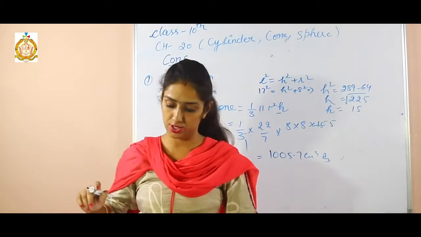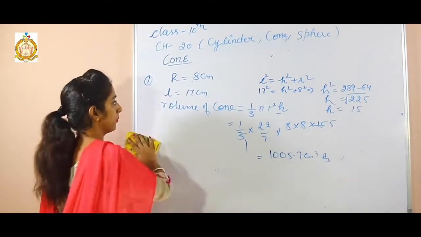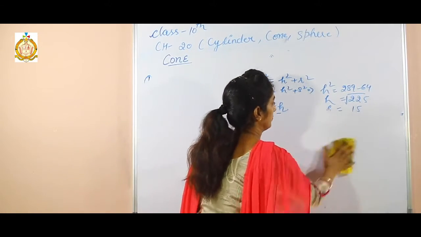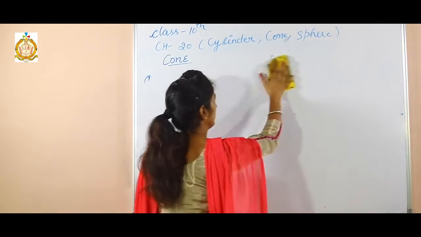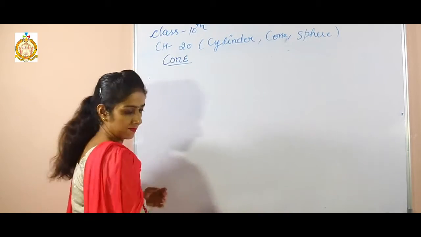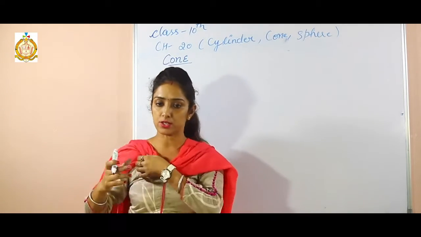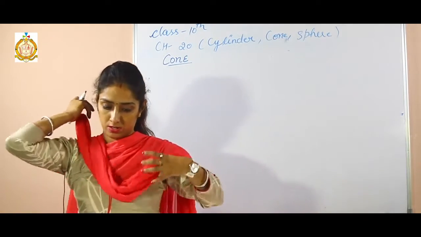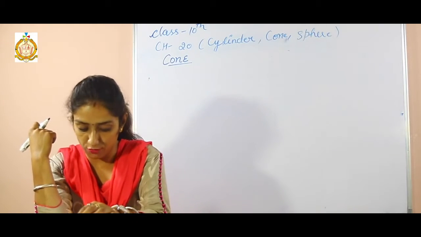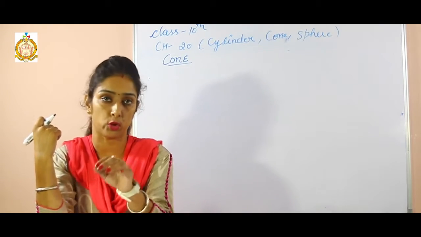See, next question. A heap of wheat is in the form of a cone of diameter 16.8.